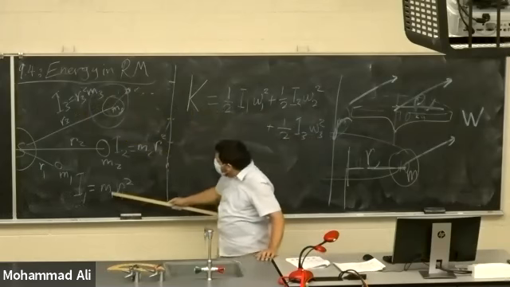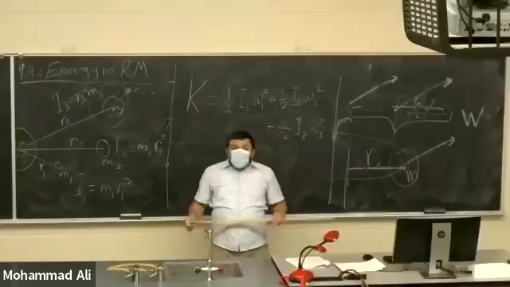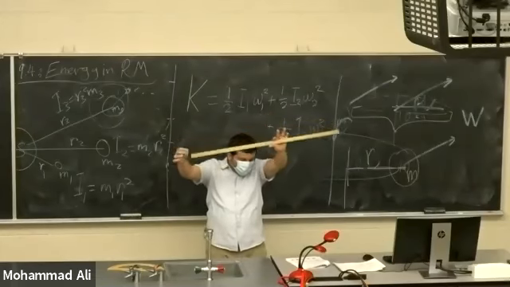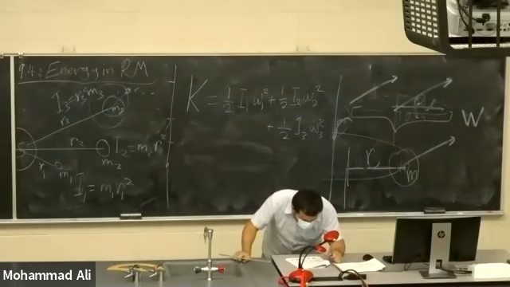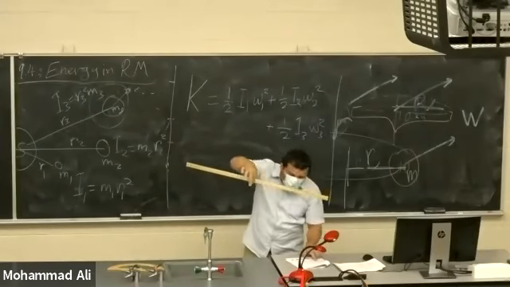This is the general definition. But for a stick, a cylinder rod around the axis in the middle, it is 1/12.